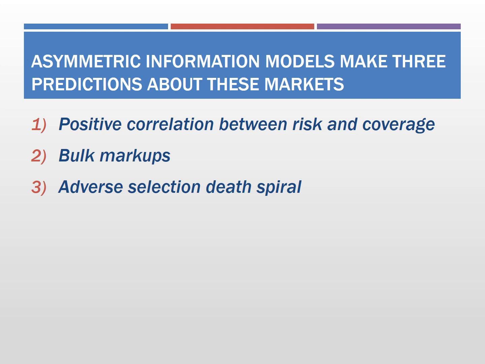So in most insurance markets, the positive correlation between risk and coverage always holds. That means the higher the risk, the higher the coverage that person would like to buy.